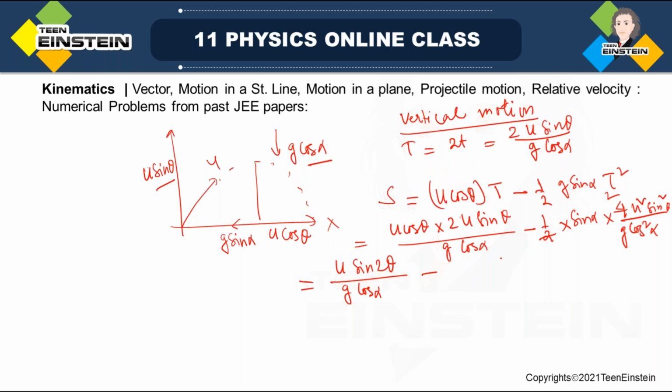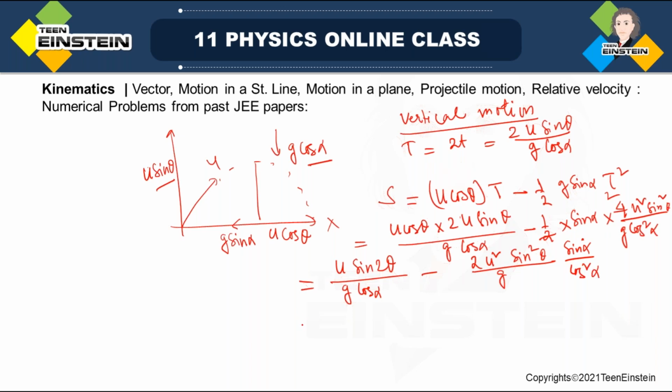So there will be 2 u square sine square theta divided by g into, not tan alpha, the sine alpha divided by cos square alpha. Let us just keep it like that itself, because we know the angles we can find out. So sine alpha divided by cos square alpha.